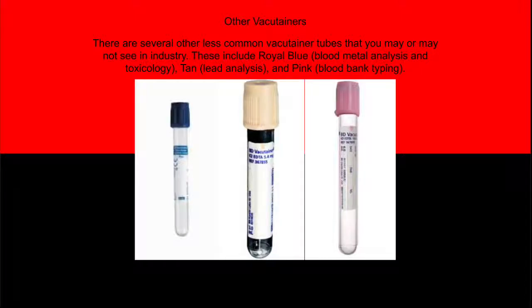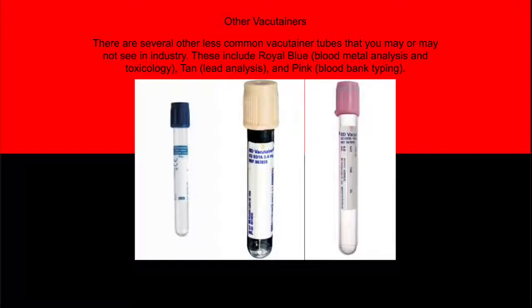These are some less common vacutainers that you may find in industry. Starting from the left, there is the Royal Blue, which is used for blood metal analysis, so heavy metals that may be in the blood, and toxicology. The one in the middle is the Tan vacutainer.